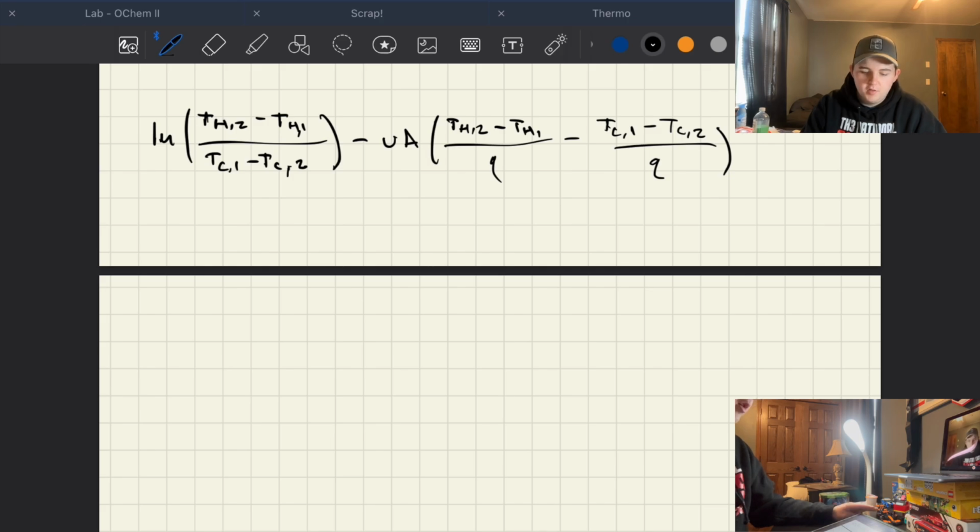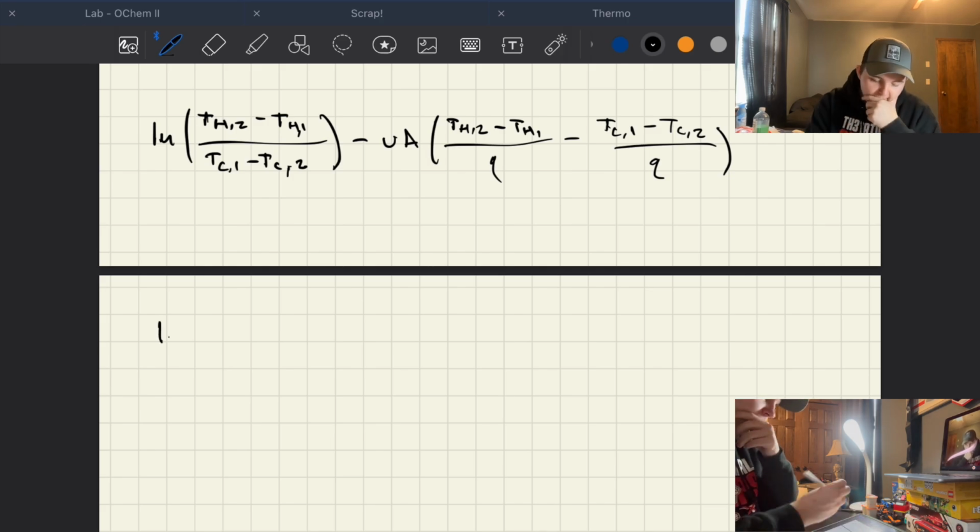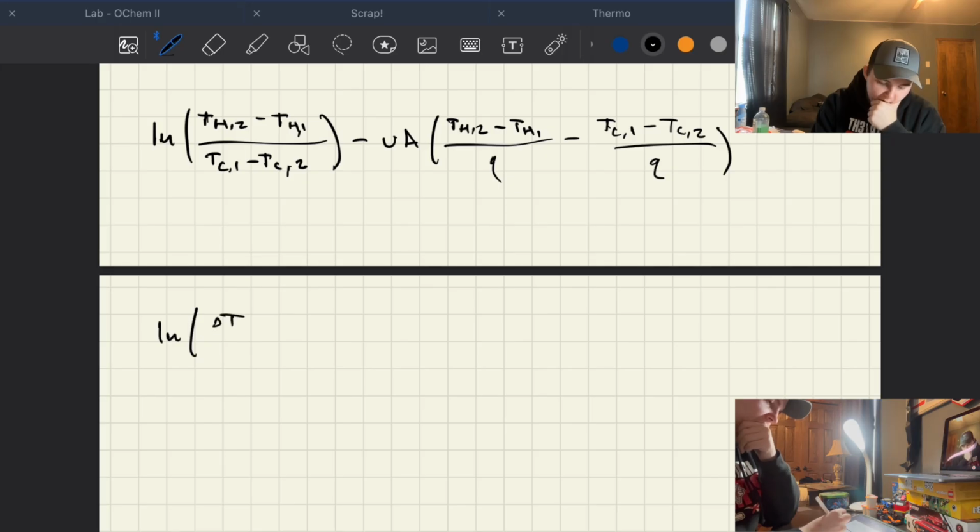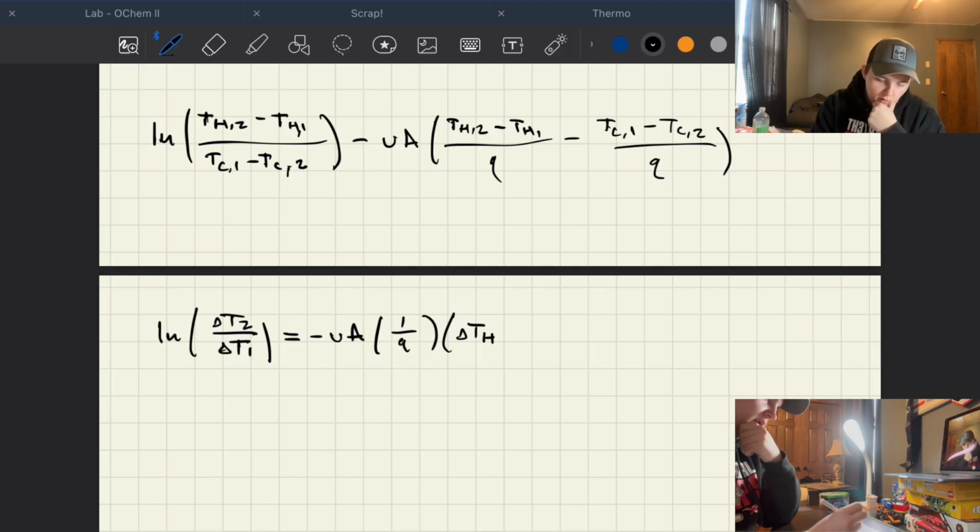After that, we're going to have to solve for Q. So we get ln delta T2 over delta T1 equals negative UA, and then we can pull 1 over Q out, and we just have delta TH minus delta TC, or actually delta T2 minus delta T1.